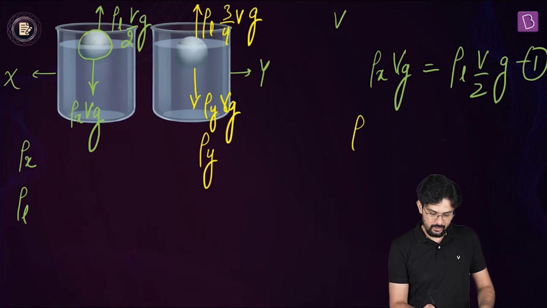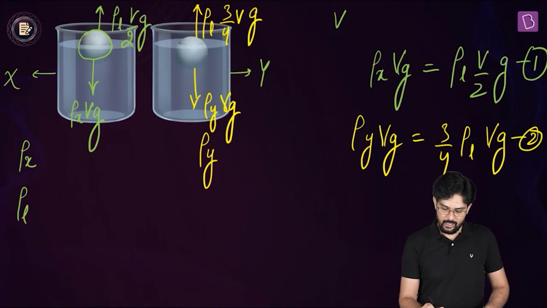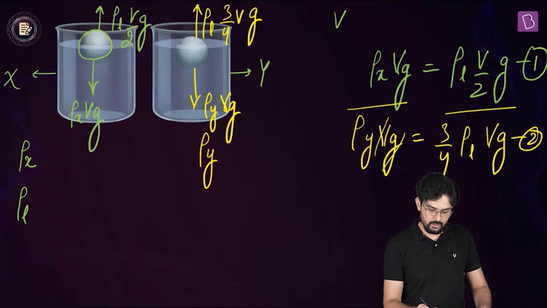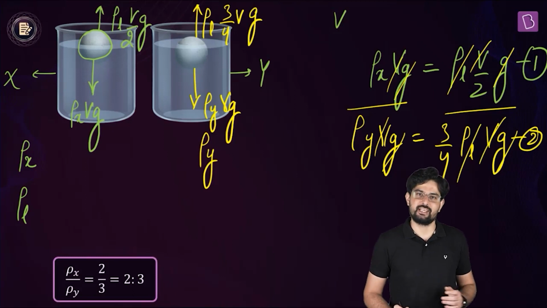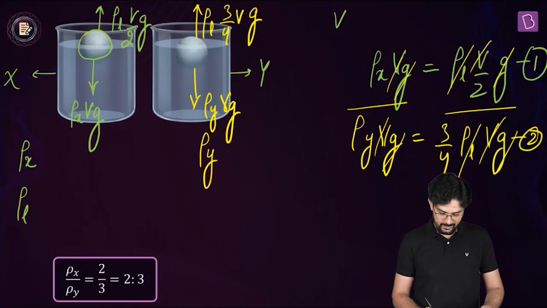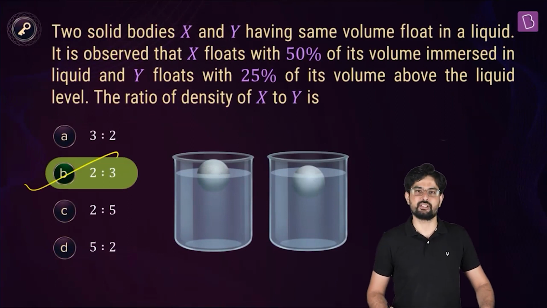So we have rho Y V g equal to 3 by 4 rho L V into g. Right? And if you perform the operation 1 divided by 2, you will get the required ratio. So rho L will be gone, V and g will be gone, and you have the ratio equal to 2:3. So in this case, we can see that option B is the right option.